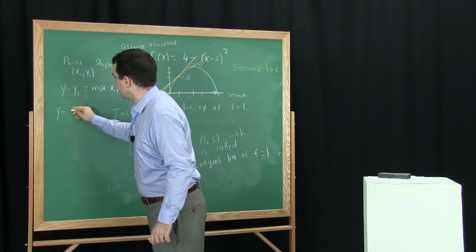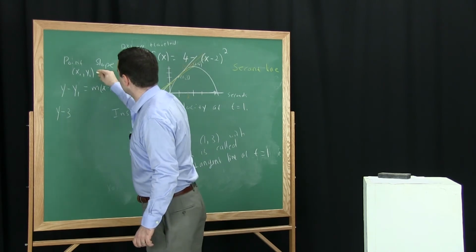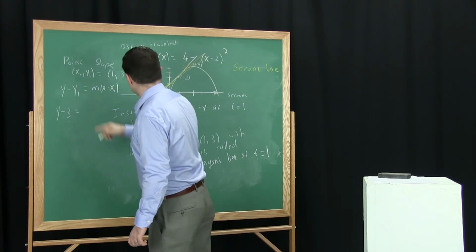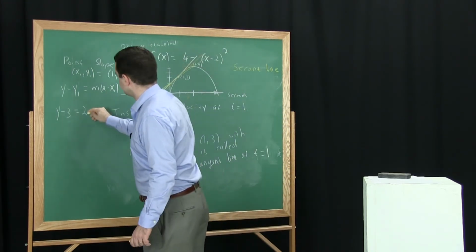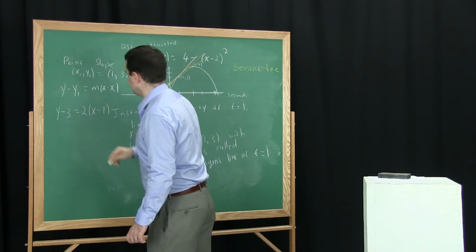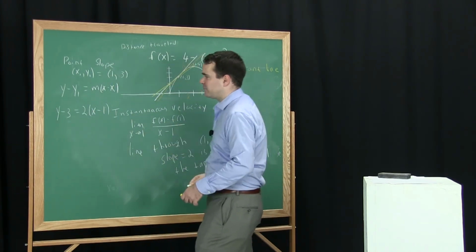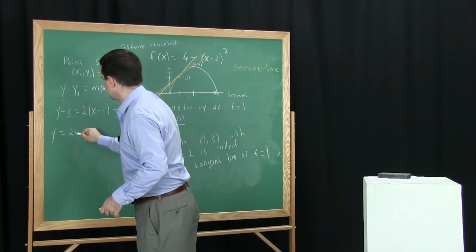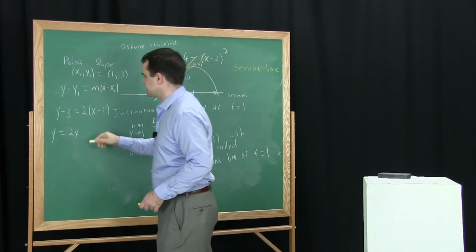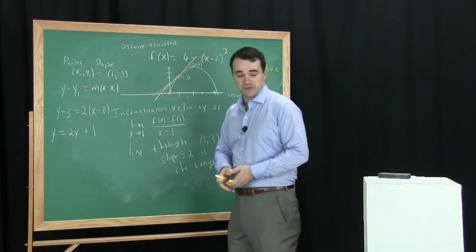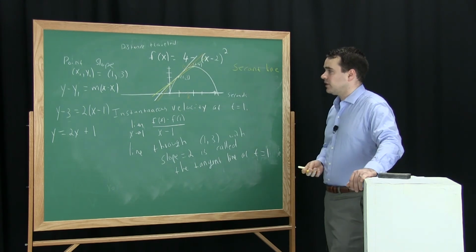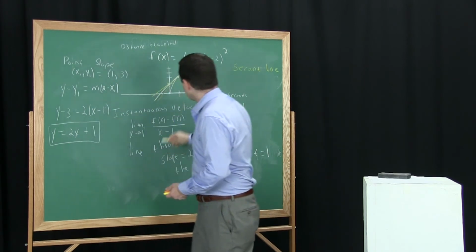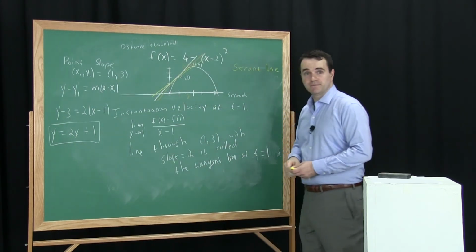So y minus 3 equals my slope, which was 2, times x minus 1. If you expand that out and bring the 3 to the other side, you get y equals 2x minus 2 plus 3, which ends up as 2x plus 1. So this is an equation for this tangent line in white.